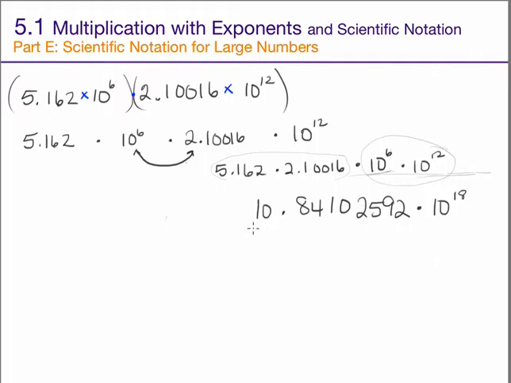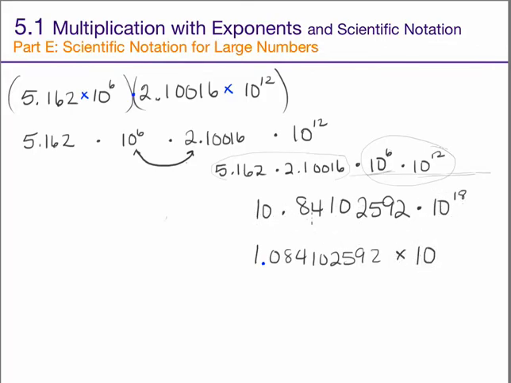Now, this number is not in scientific notation, even though its original form was scientific notation before I started doing the multiplication. To be in scientific notation, my decimal point would have to be here, not here. So if I rewrite the number 1.084 and so on, then I can't just rewrite the 10 to the 18th.